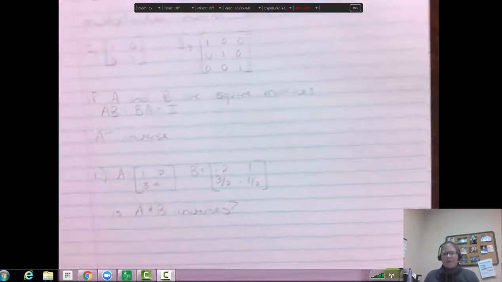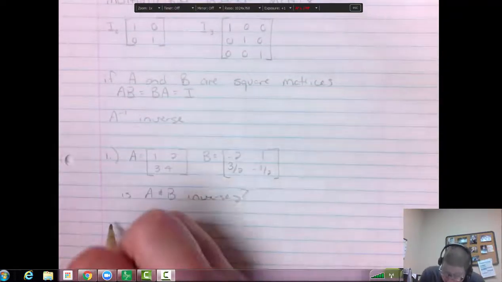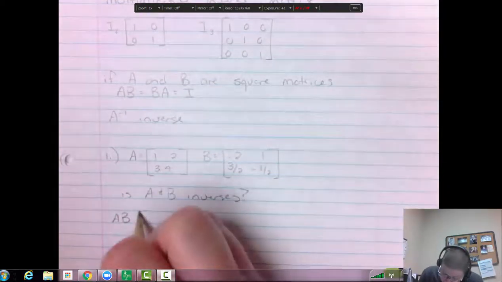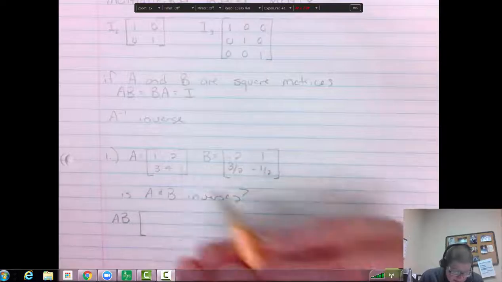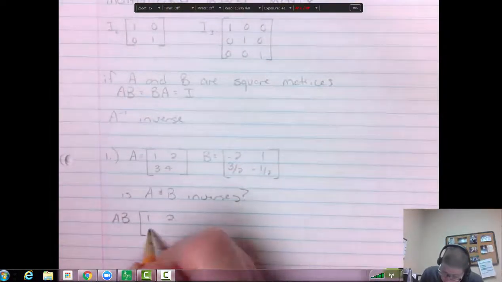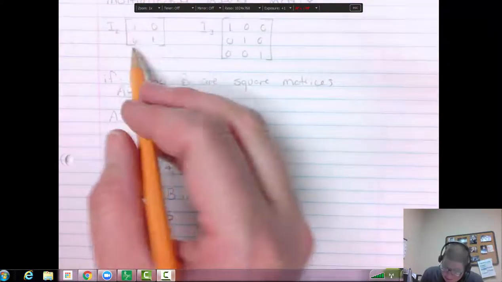There's our A, there's our B. What I do is find A times B and then B times A, and decide whether or not they're inverses. So let's look at A times B. They could be the same. If they both end up being this one, that's what we want: both to be 1, 0, 0, 1.